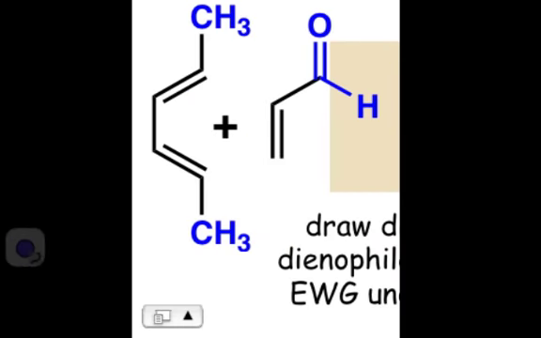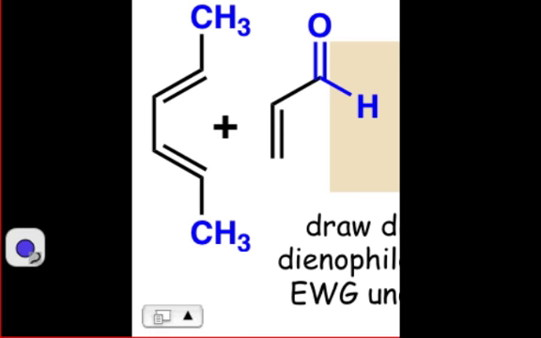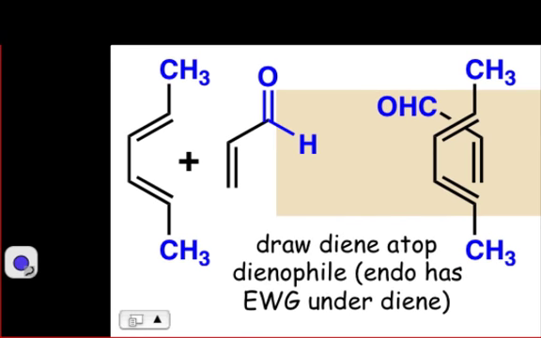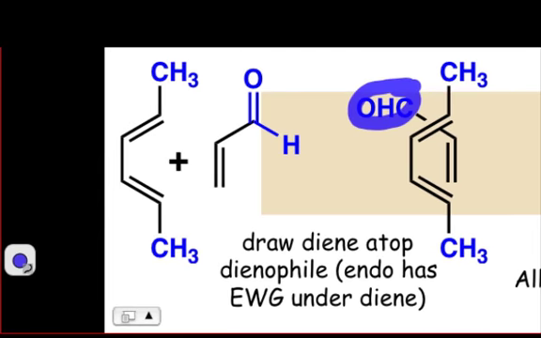In the reaction of this diene with this alpha-beta unsaturated aldehyde, we can see that the transition state will likely involve the diene and the dienophile approaching each other in parallel planes, one on top of the other, and that's drawn for you here. Notice that we've placed the aldehyde group on the left-hand side because the dienophile is likely to approach in an endo fashion, and this represents the endo approach of the dienophile.